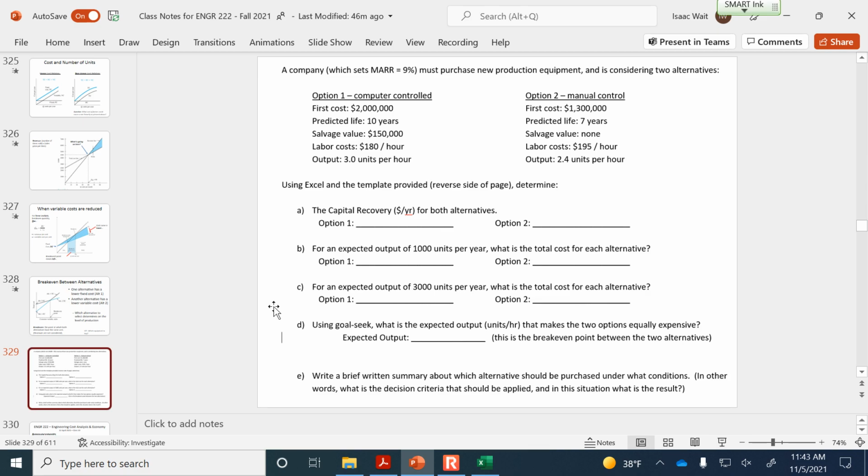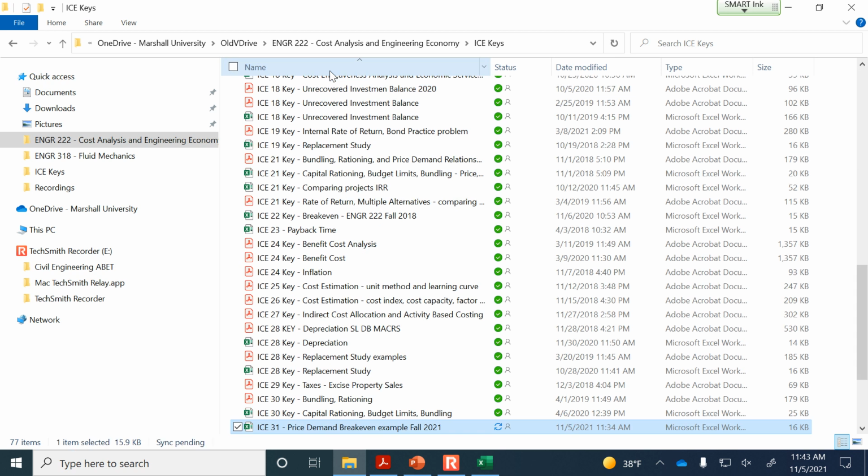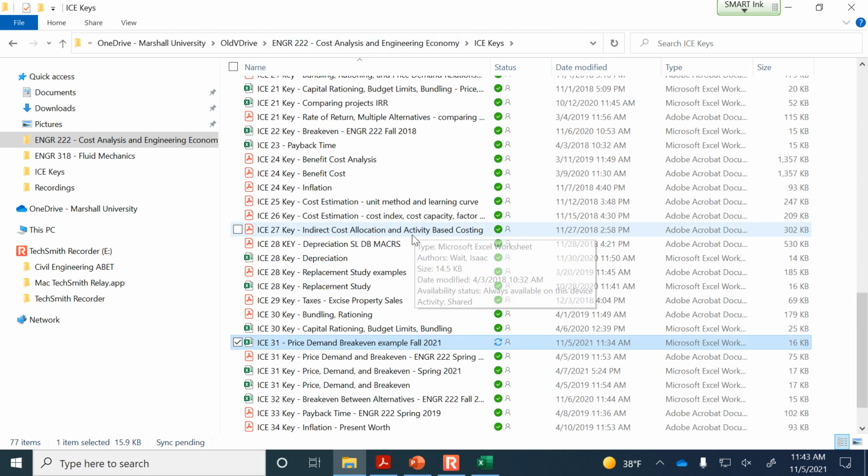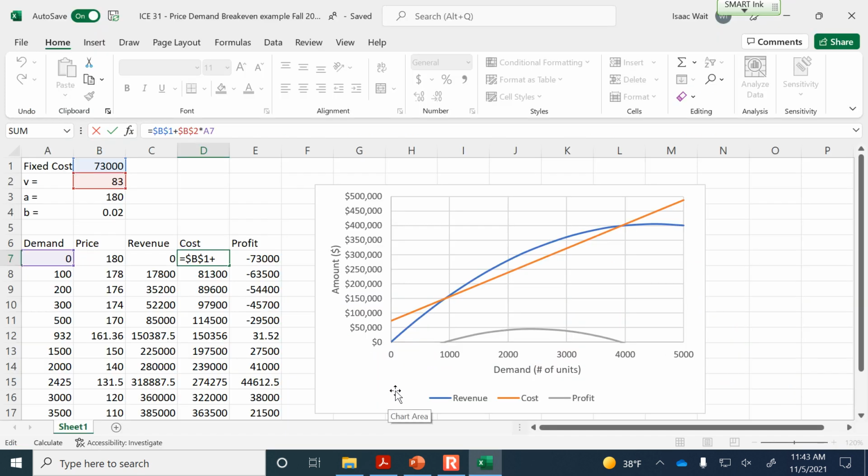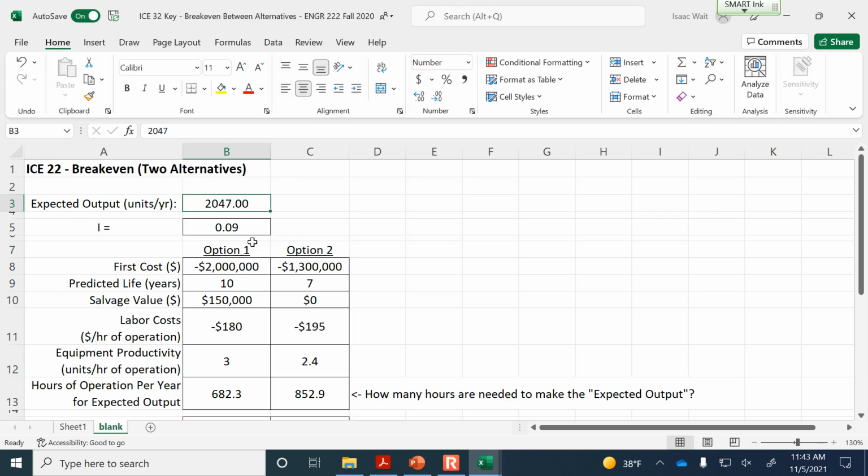Okay, so let me pull up the solution to this one, and let's look at this first part of calculating the capital recovery. All right, so first cost, option 1 versus option 2.